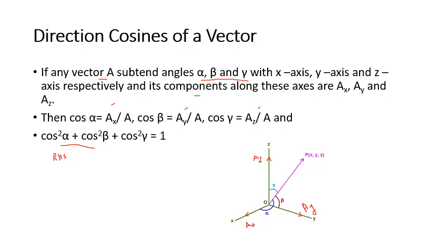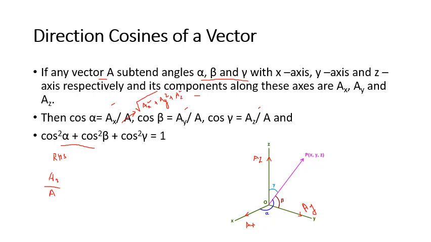Now we'll see the left hand side. What is there in the left hand side? Ax by A. What is this A, students? This A is nothing but the square root of Ax squared plus Ay squared plus Az squared.